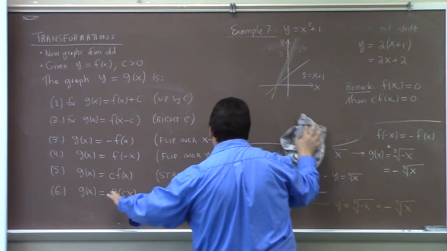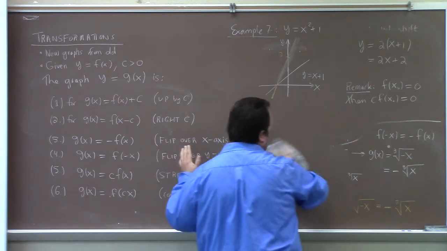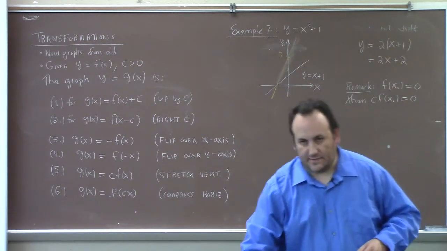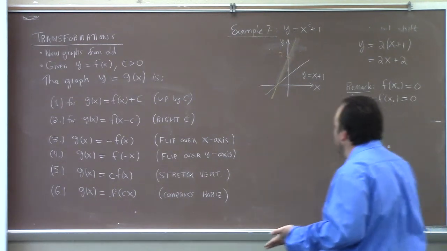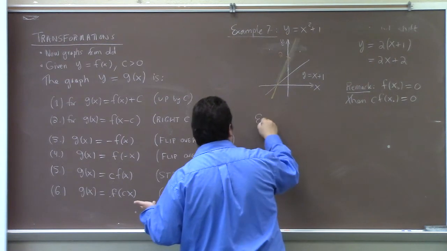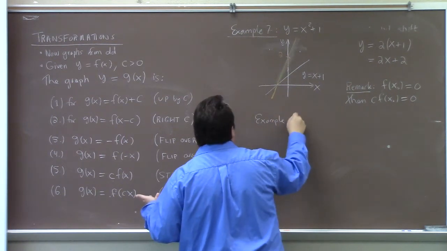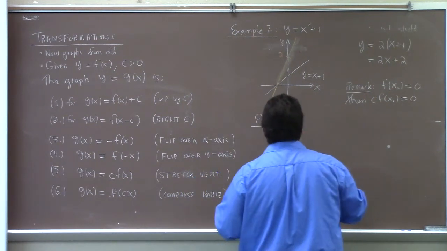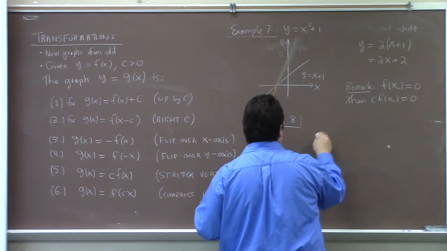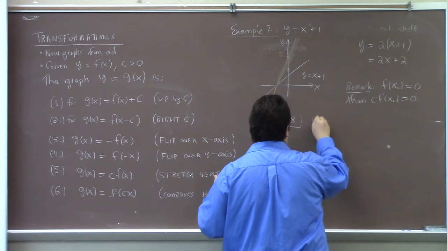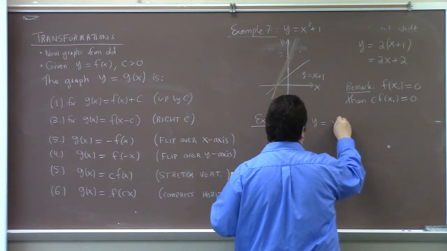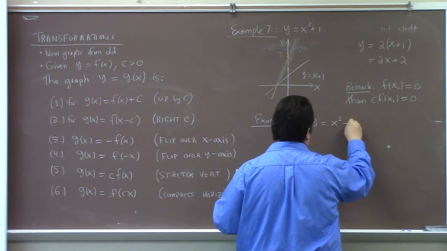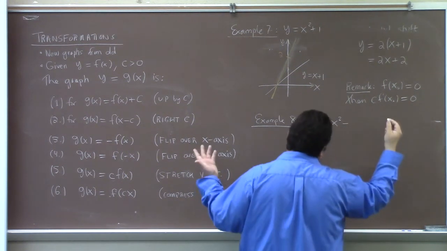Now, this compresses horizontally. It's always a little bit counterintuitive to students, and I think if we look at a good explicit example, maybe I can convince you that that's how it works. So let's look at something that has a nice horizontal feature, something like f of x equals x squared minus 4.